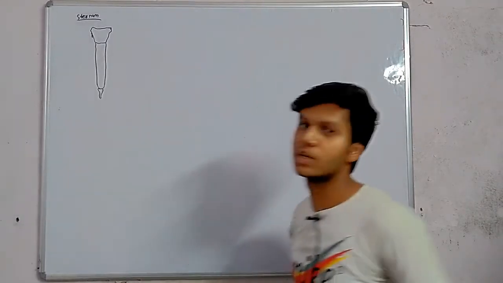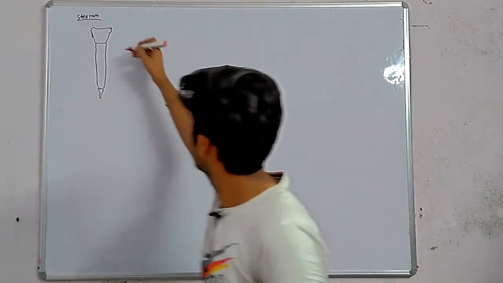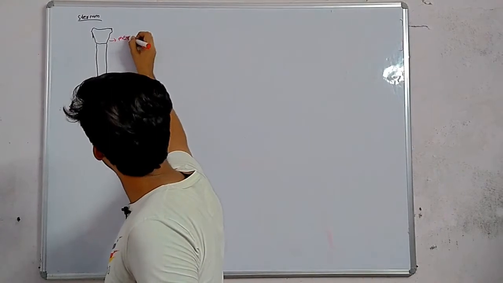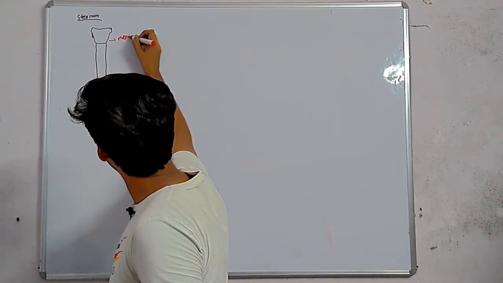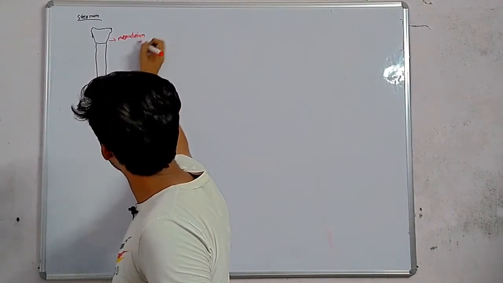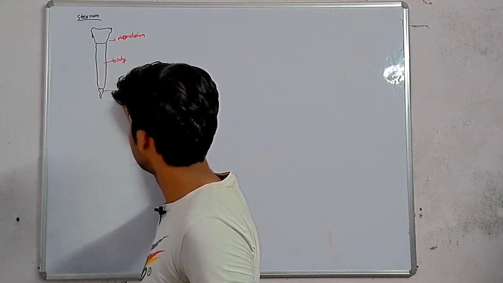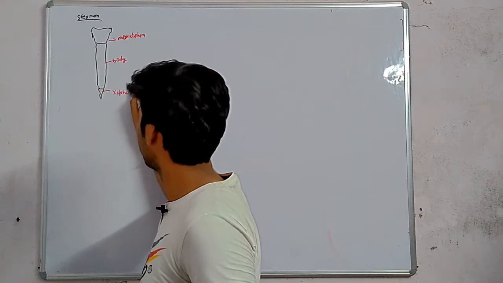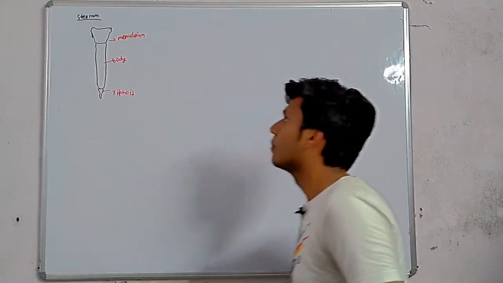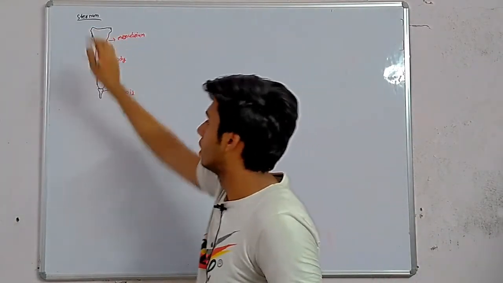This is the bone of the sternum. Three parts: manubrium, body, xiphoid. Then these are the three parts. First, talk about the manubrium.